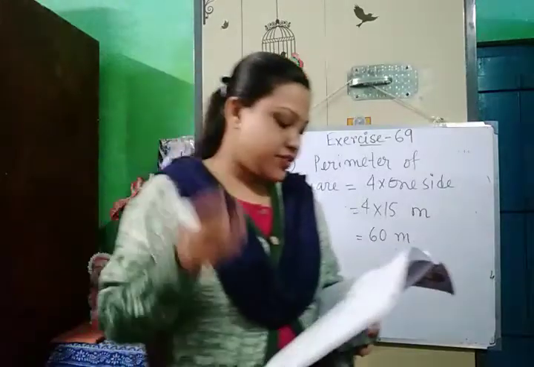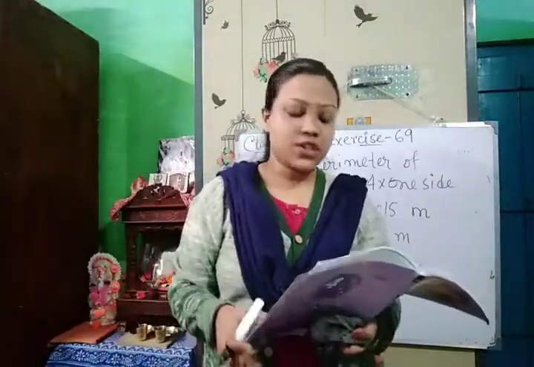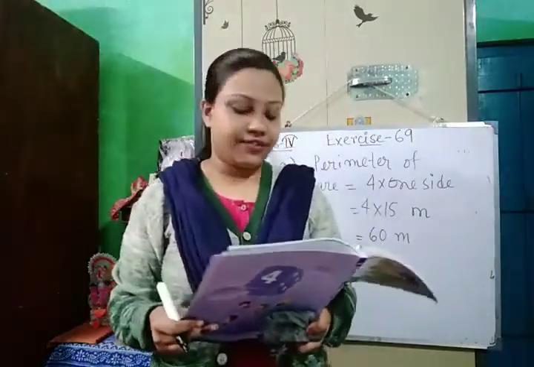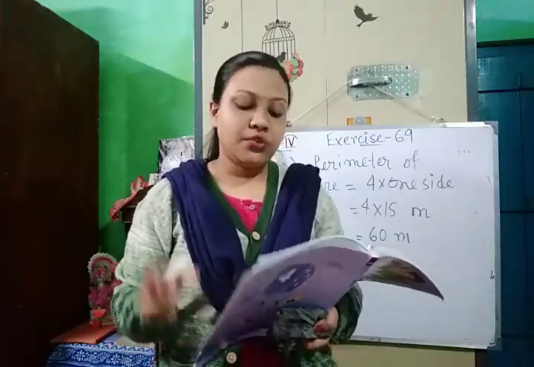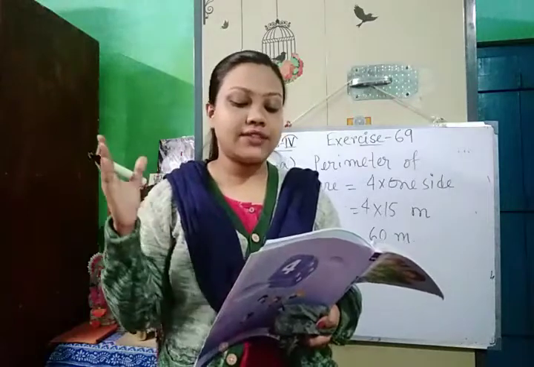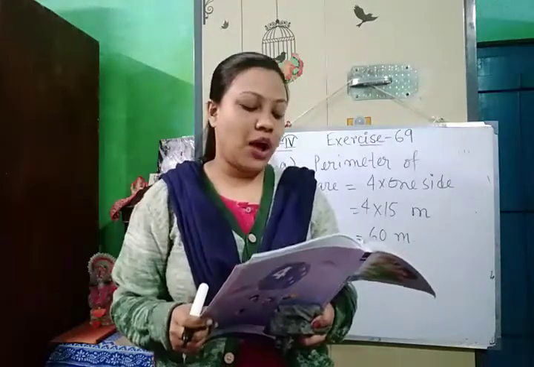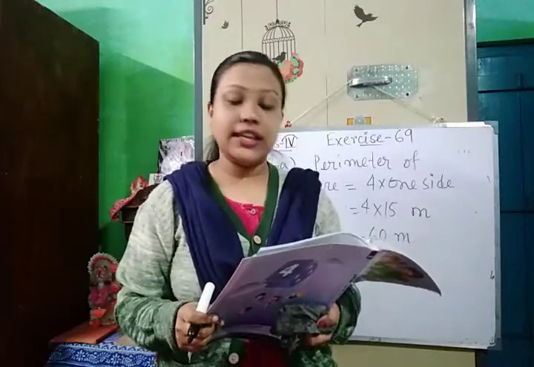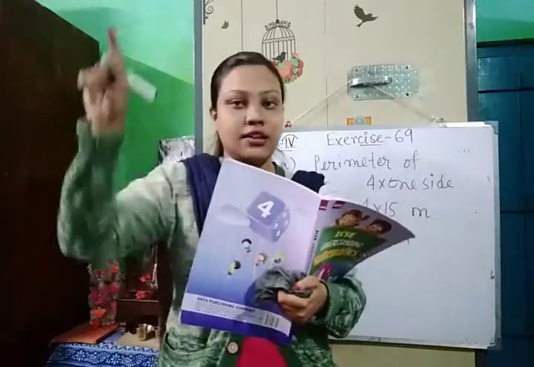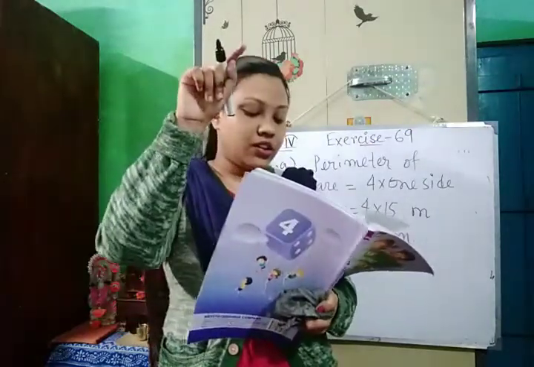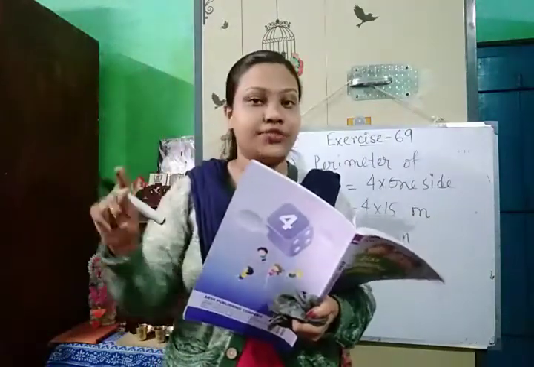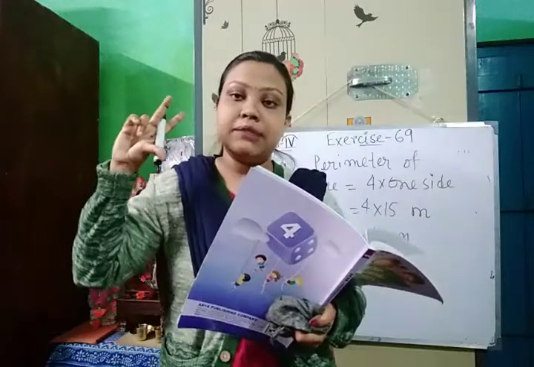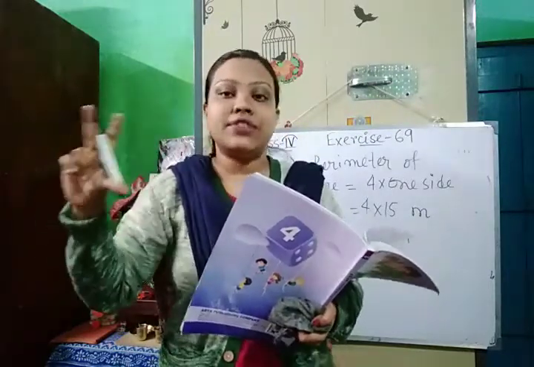Next, question number 5. From question number 5 to question number 9, there are word sums. So I am doing next question number 5. Question number 5 is Rakesh wants to frame a picture which is 45 centimeter long and 15 centimeter wide. So how much wooden stick will he need? So you can see a picture he wants to frame which is 45 centimeter long, means the length is 45 centimeter, and 15 centimeter wide means the breadth is given 15 centimeter.